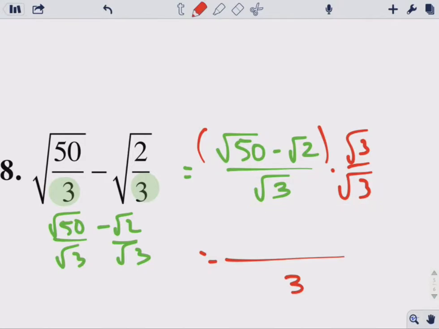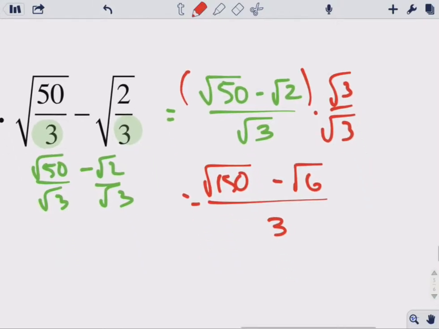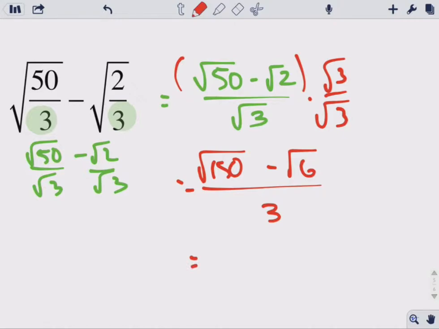Alright, and then I've got to distribute. I've got to do that. Okay, so that's the square root of 150. Got to do that. That's the square root of 6. Some of this will simplify. For instance, 150 is equal to 25 times 6.